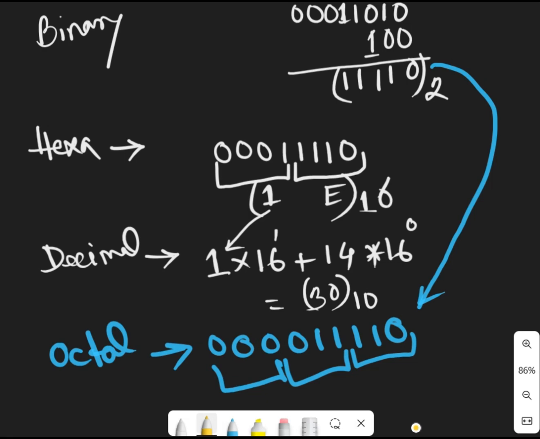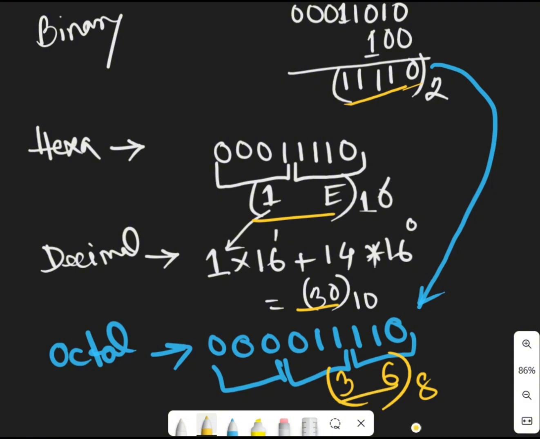Now 110 represents 6, 011 represents 3, and this is 0, doesn't matter. So the octal value is 36. So the binary value is 11110, the hexadecimal 1E, and the decimal is 30, and the octal is 36.